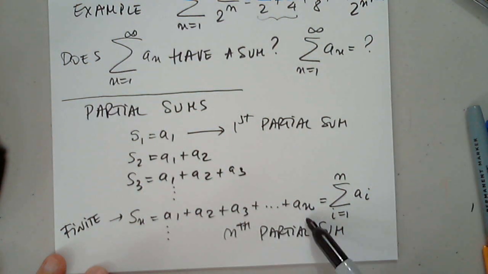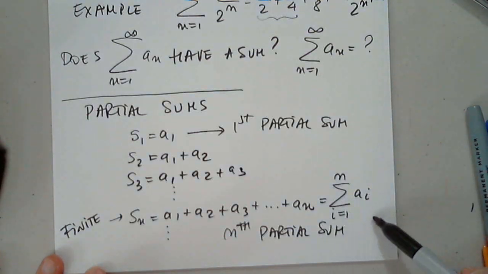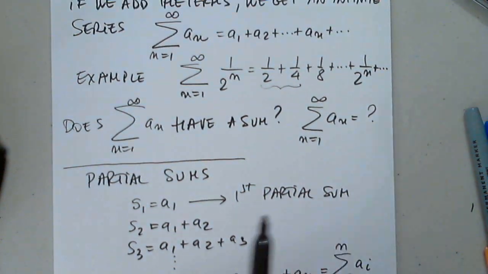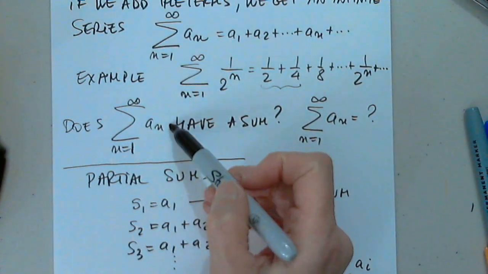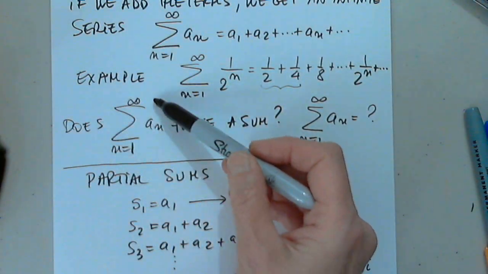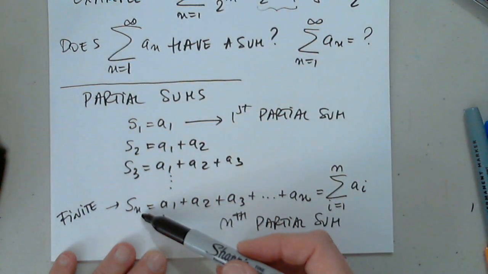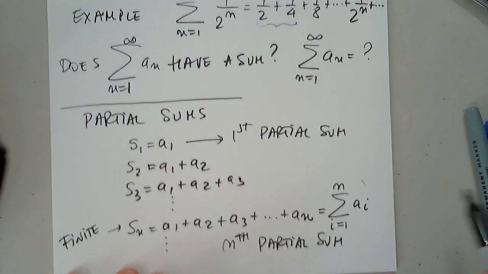It does not go on forever, right? So this is the nth partial sum, and please note the notation. This is the notation for the infinite series, and this is the notation for the finite nth partial sum. Okay.